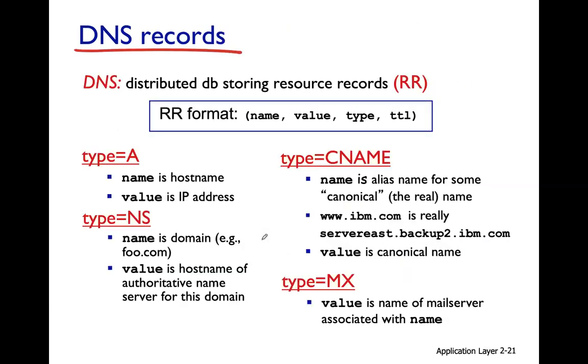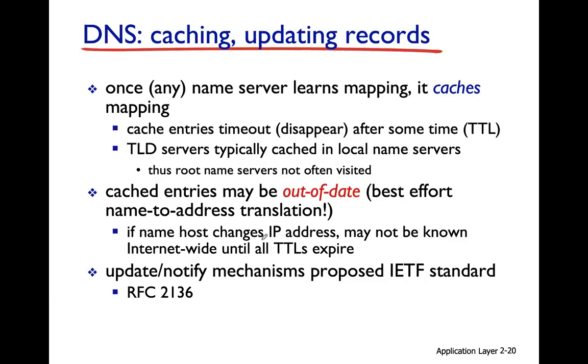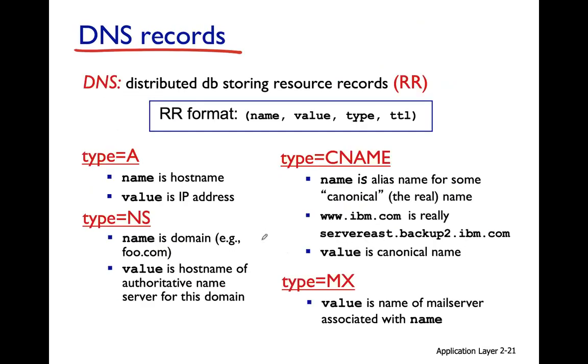Okay, so how do we maintain the DNS records? The DNS records store resource records. The record has four portions. One is the name: what is the host name?